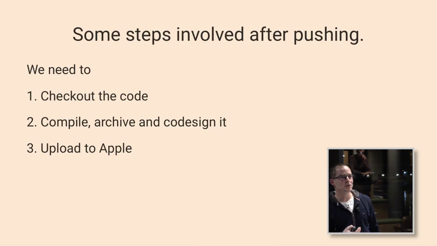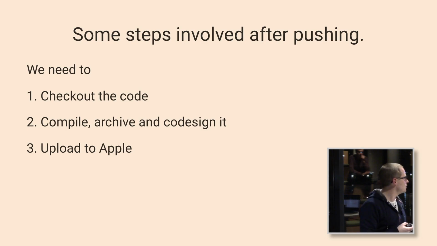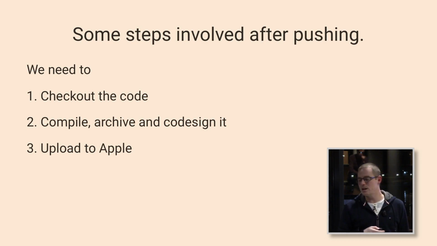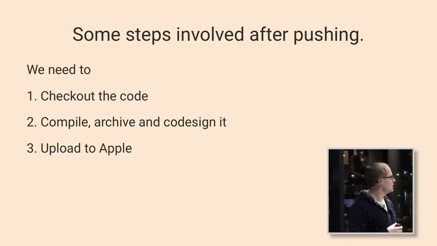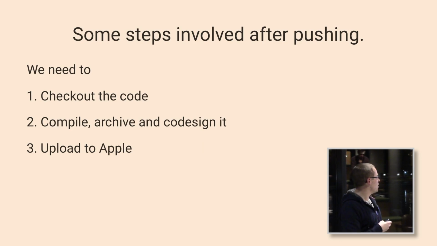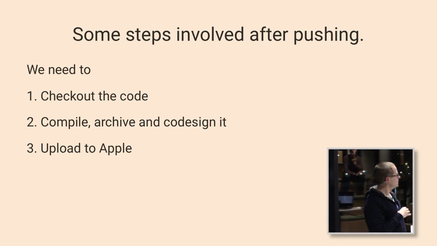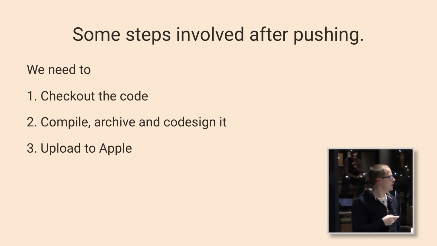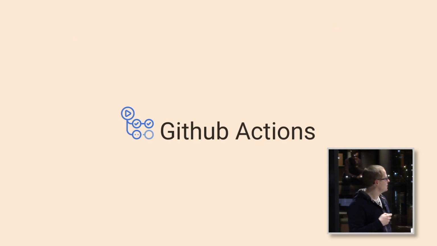Well, of course, when you push your code, there are some steps involved, and I'm talking specifically about iOS app development, because that's what I do. I guess most of you do that as well. So after you push the code, something needs to check out the code, compile it, archive it, code sign it, and then upload it to Apple. And that's where GitHub Actions comes in my presentation, at least, because there's, of course, other options out there, because who doesn't hate Jenkins?